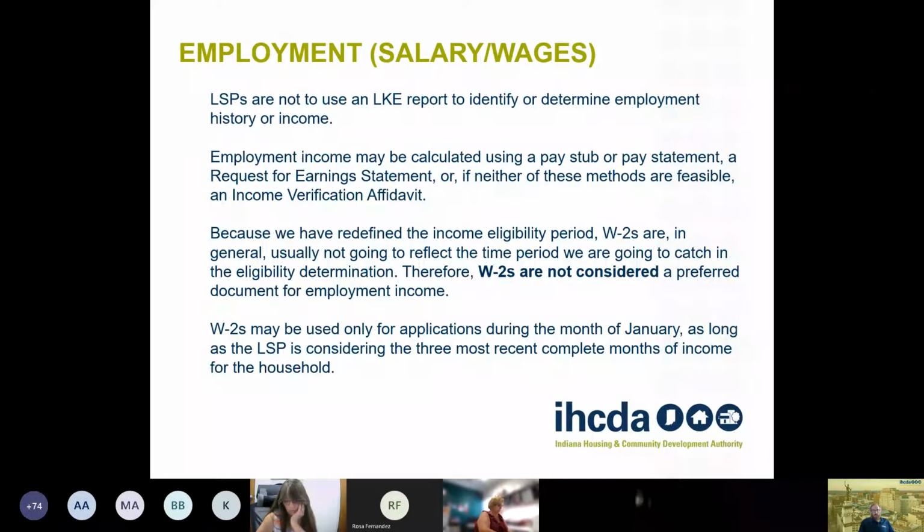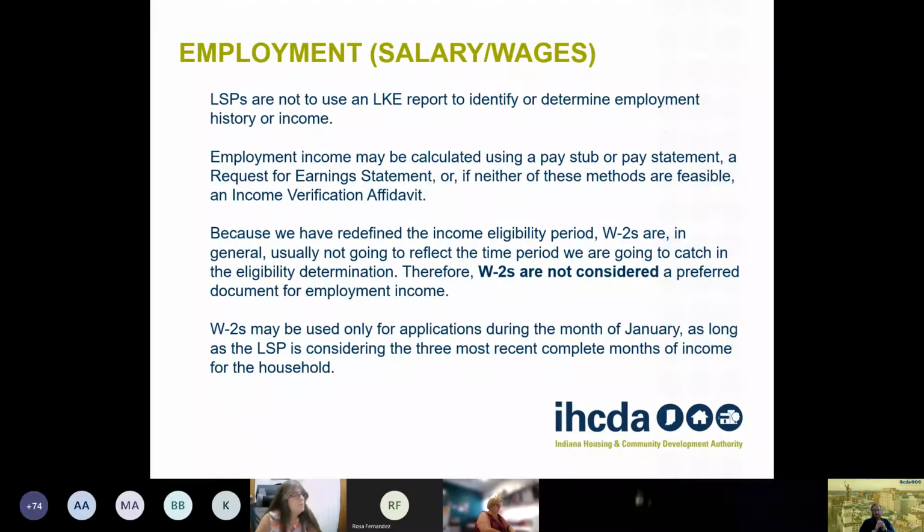The one exception for W-2s is that they may be used for applications during the month of January, as long as the LSP is considering the 3 most recent complete months of income for the household. So I'm going to clarify and repeat that.